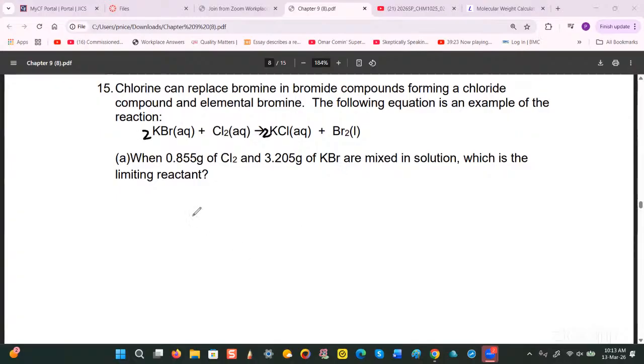Now that we have that out of the way, the question gives you the mass of chlorine and the mass of potassium bromide, and it's asking which is the limiting reactant?